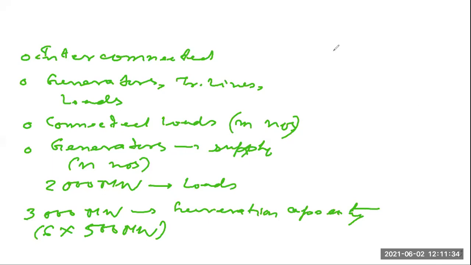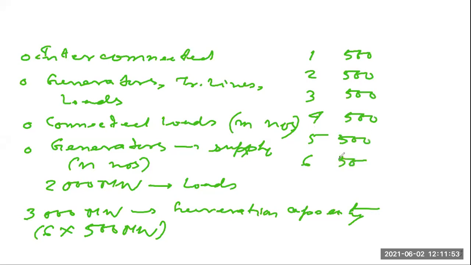So the connected load is 2000, and there are 6 generators, 1, 2, 3, 4, 5, and this is 6. Each generator's capacity is 500 megawatt, which means maximum it can supply 500 megawatt. But the total load is 2000 megawatt.